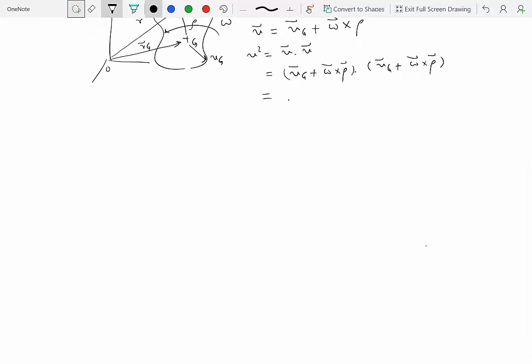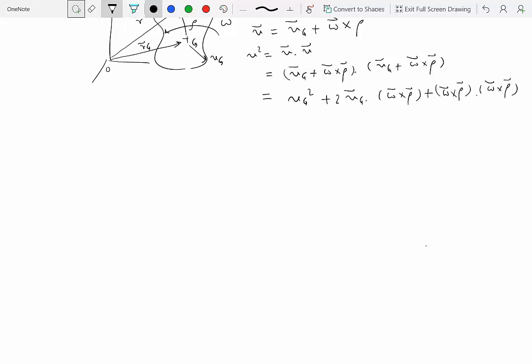So v_g dot v_g is clearly v_g squared. Then we have plus v_g dot omega cross rho plus omega cross rho dot v_g. So that's a dot b is equal to b dot a. So this will be basically 2 times v_g dot omega cross rho, plus omega cross rho dot omega cross rho. Okay, so that's what we have for the v squared.